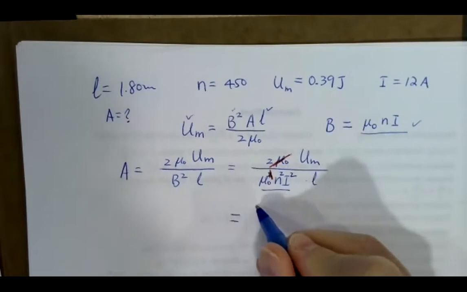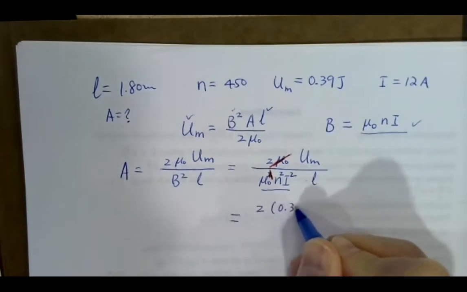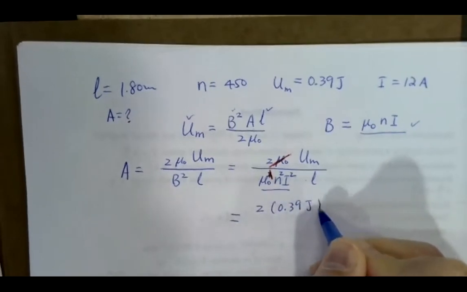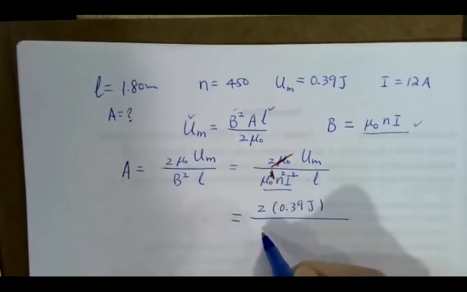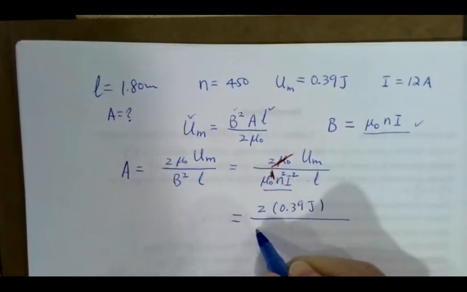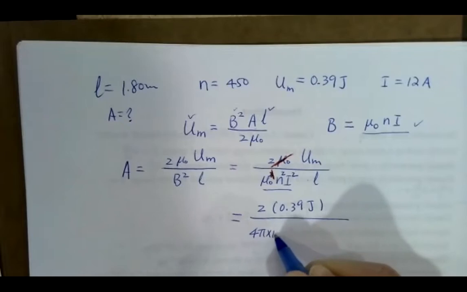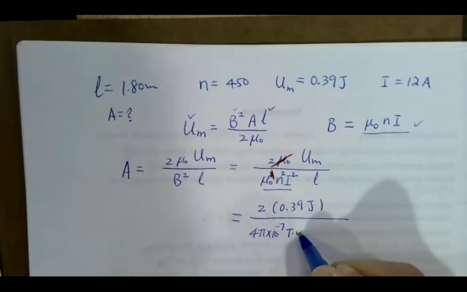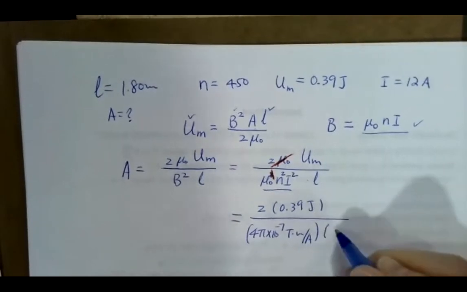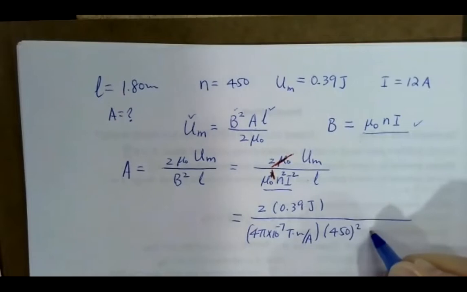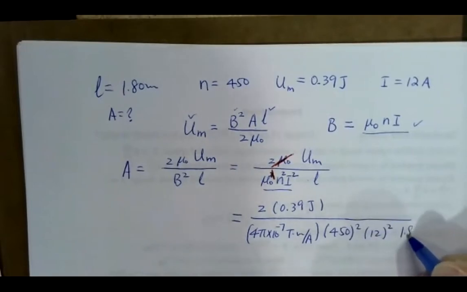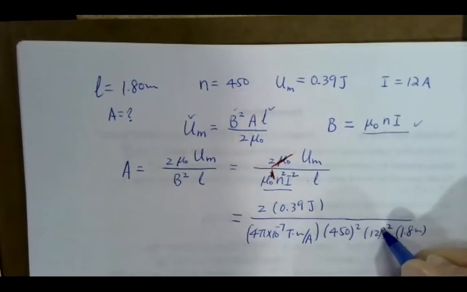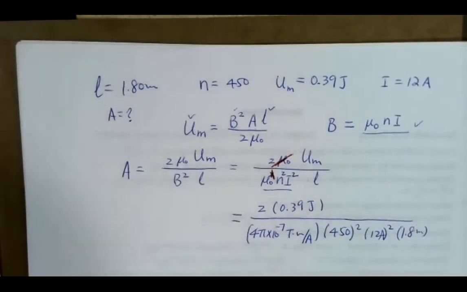So you can put your numbers in. 2 times 0.39 joules, divided by mu naught, which is the constant 4 pi times 10 to the minus 7, times 450 squared, where N is 450, I is 12 amps squared, and L is 1.8 meters.